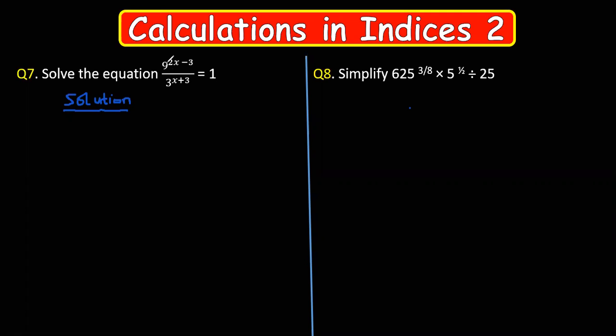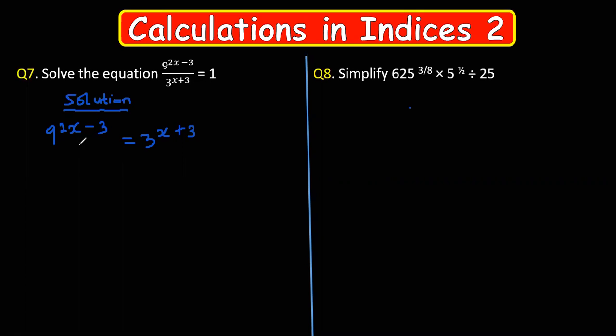So when we cross multiply, we should have 9 raised to the power of 2x minus 3 equal to 3 raised to the power of x plus 3. So this multiplied this. So we have cross multiply.